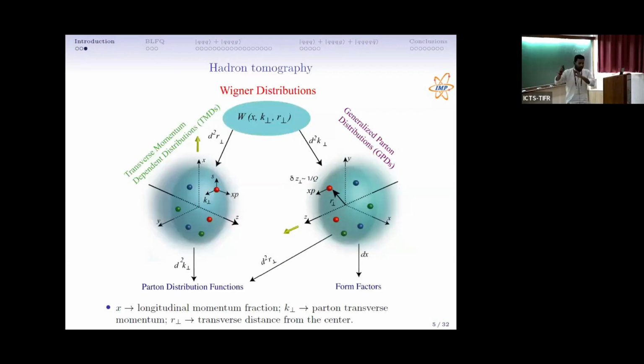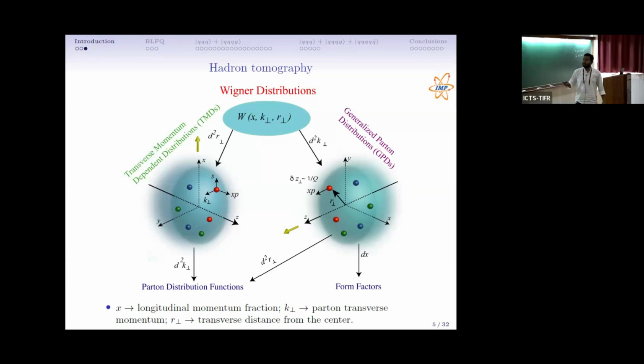To understand all these things, first of all we have to understand the tomography. We all know these things. There are two main distribution functions. One is in momentum space, called the TMD, which gives the probability of finding a parton in the proton with a longitudinal momentum fraction and transverse momentum, but it doesn't give any position information. On the other hand, the GPD provides the longitudinal distribution as well as the transverse position.